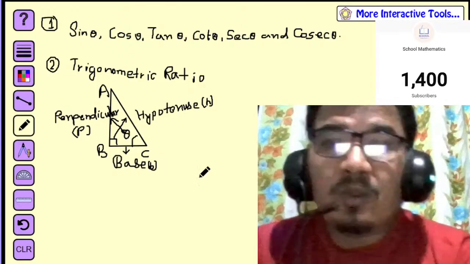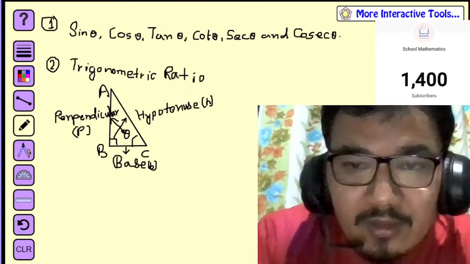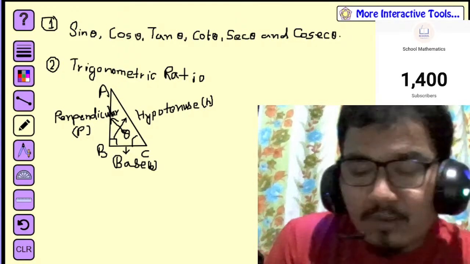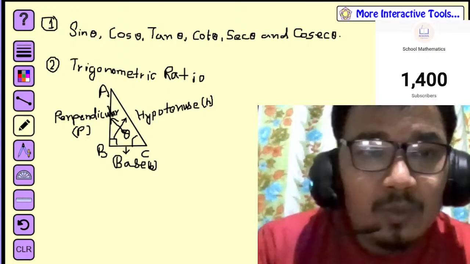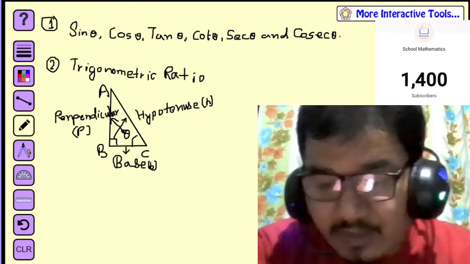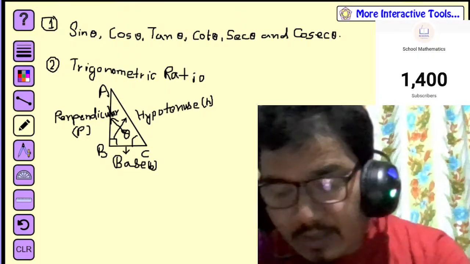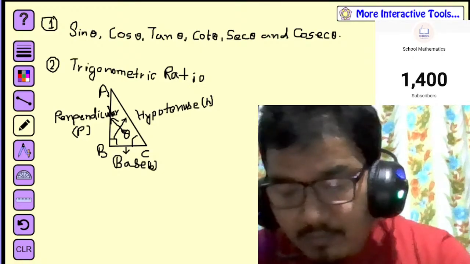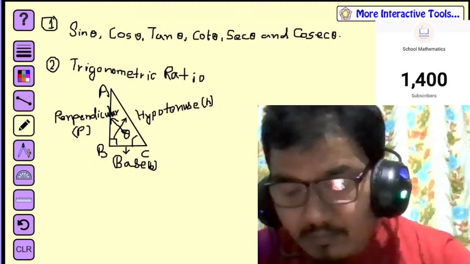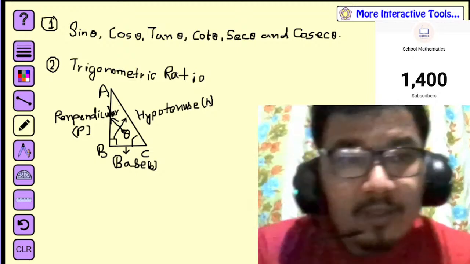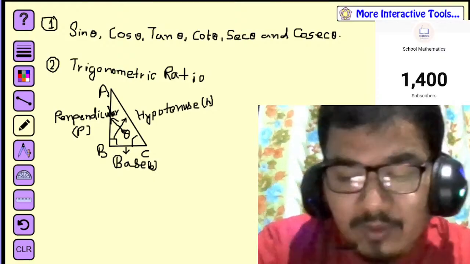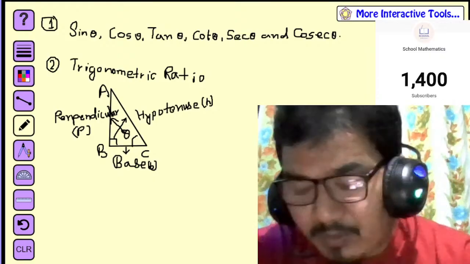Now look here, what I want to say, the ratios. When you make the trigonometric ratios, this should be kept in mind. I want to share a technique to remember these ratios.